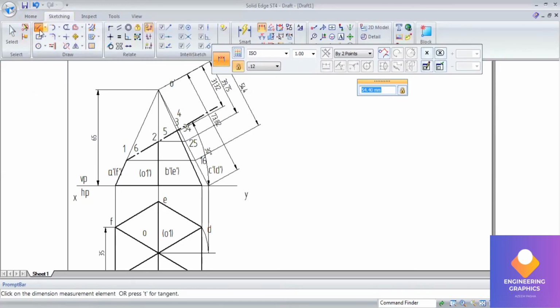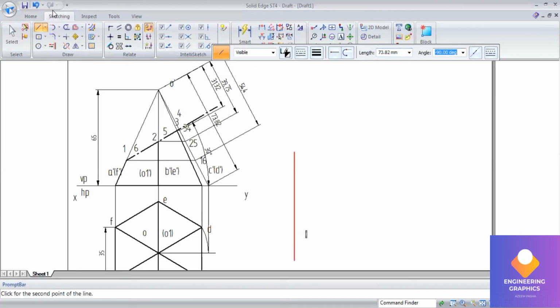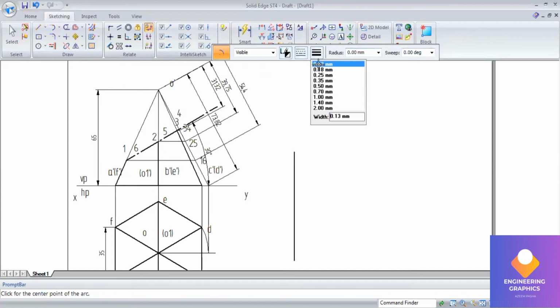Now I'll be drawing a vertical line of length 73.82, vertically straight, type 73.82, enter. Now go to arc by center and measure this length 73.82 and cut the arc.